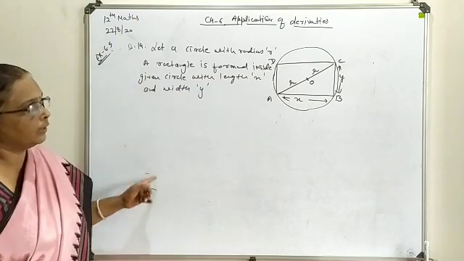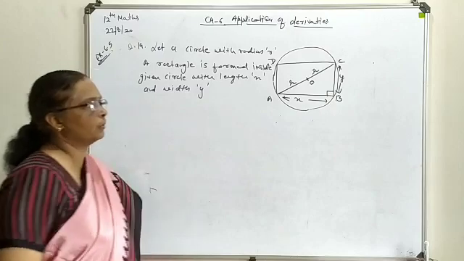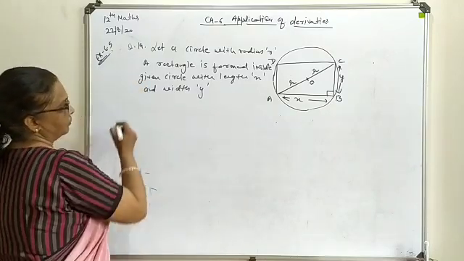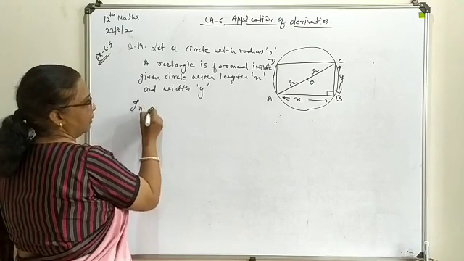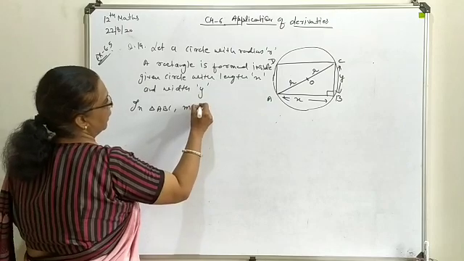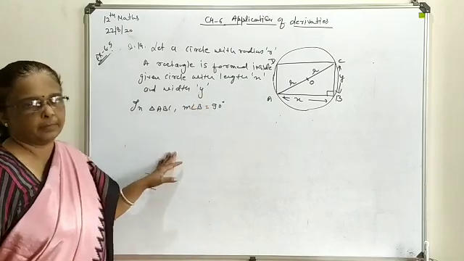Now here none of the parameters has an actual value, so obviously everything will be in terms of the radius. Here you can see in the circle this is a right angle, so Pythagoras can be implemented. In triangle ABC, the angle B is 90 degrees.